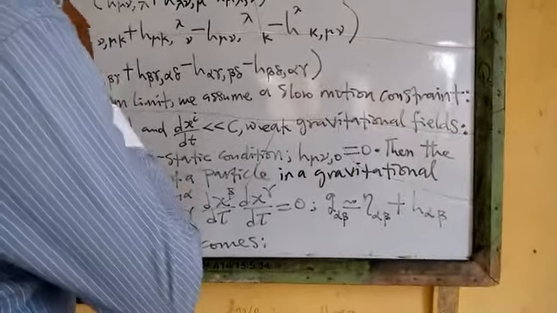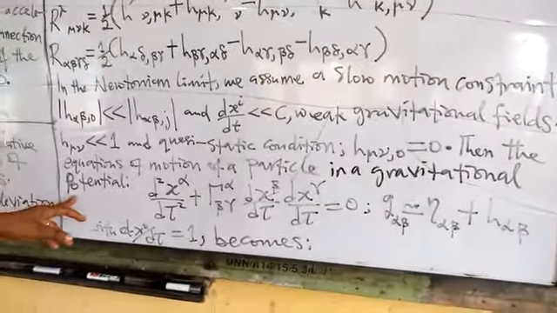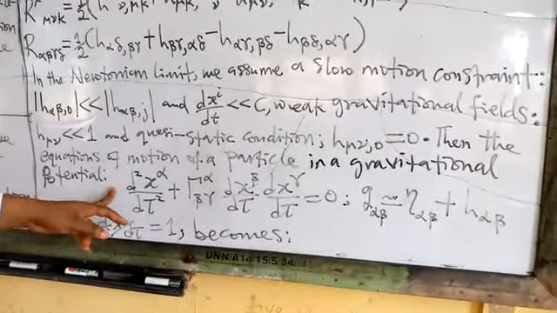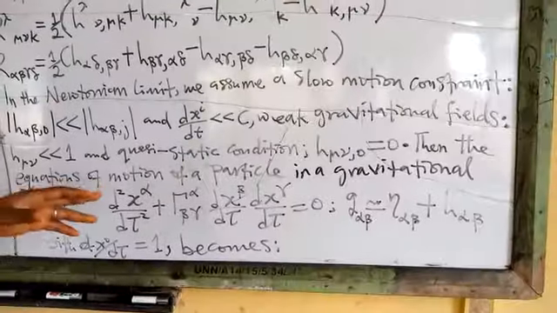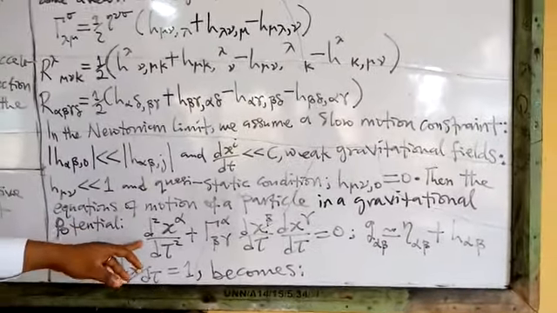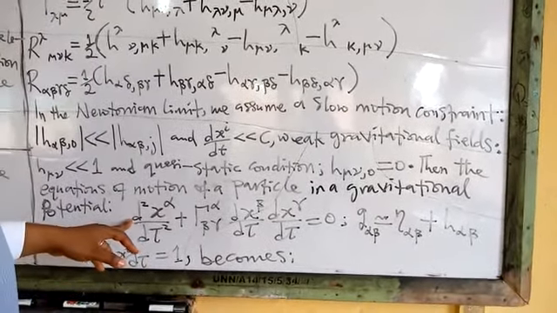So then the equations of motion of a particle in a gravitational potential, which we know to be this, for instance, again, I'm not talking so much in detail about this because I'm moving pretty quickly to something else, which I want to get to very quickly: gravitational waves in the Newtonian limit. But of course, this is all pretty well known.